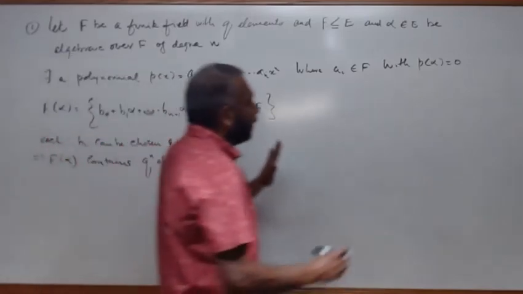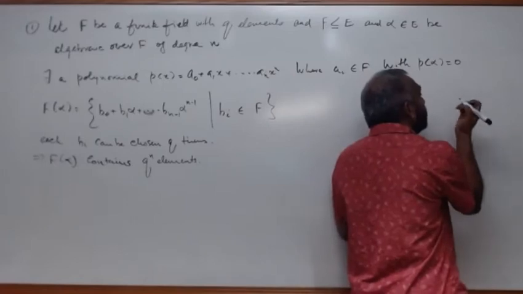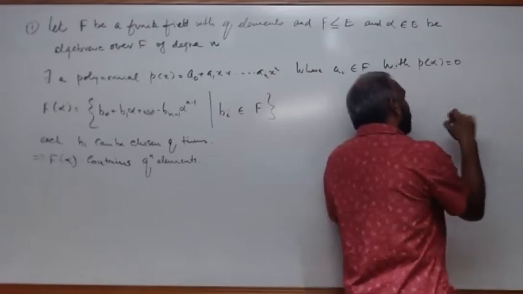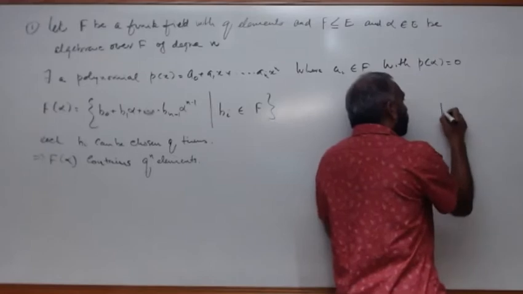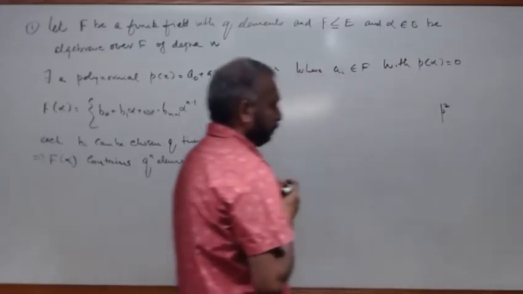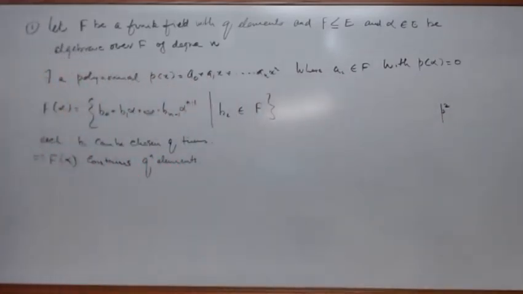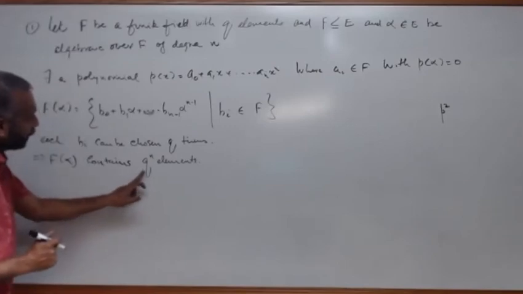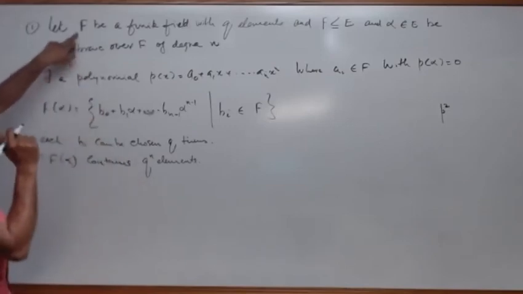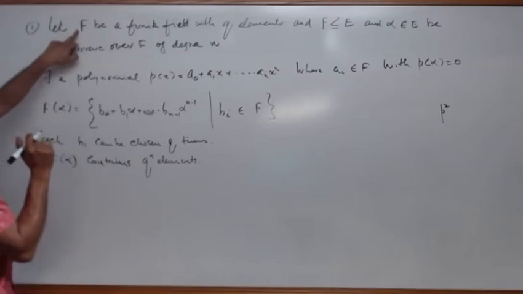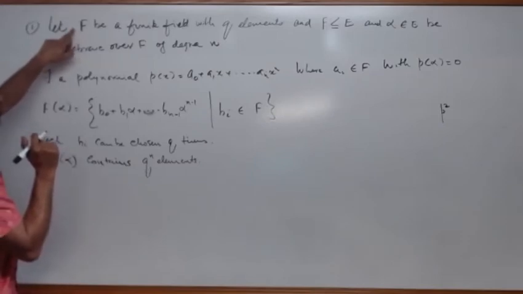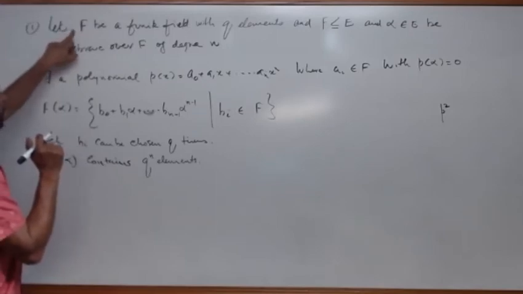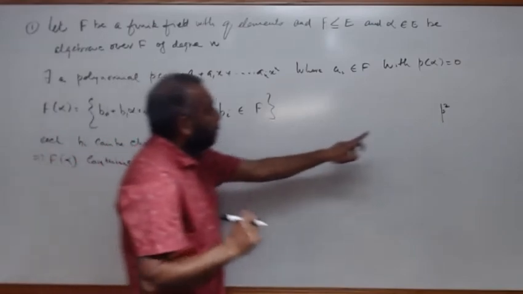Our objective is to find a field with p square elements. What is q here? q is the cardinality of F, the number of elements in F. So we have to start with a field that has p elements.